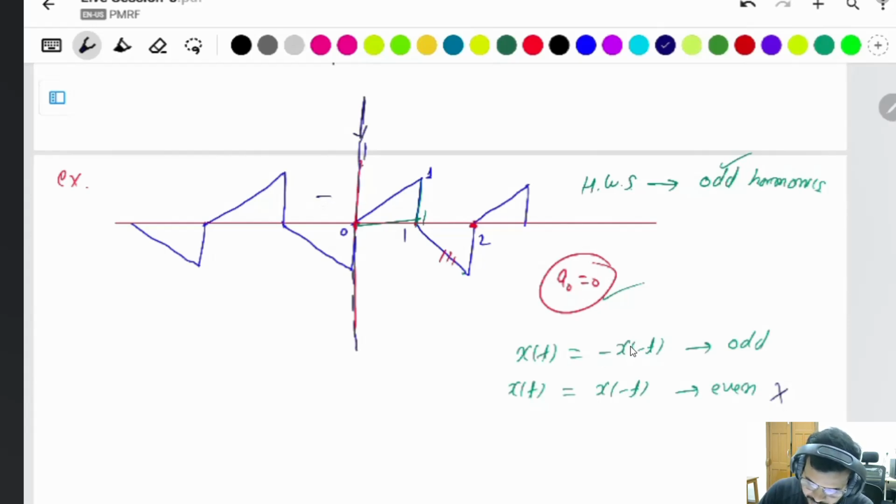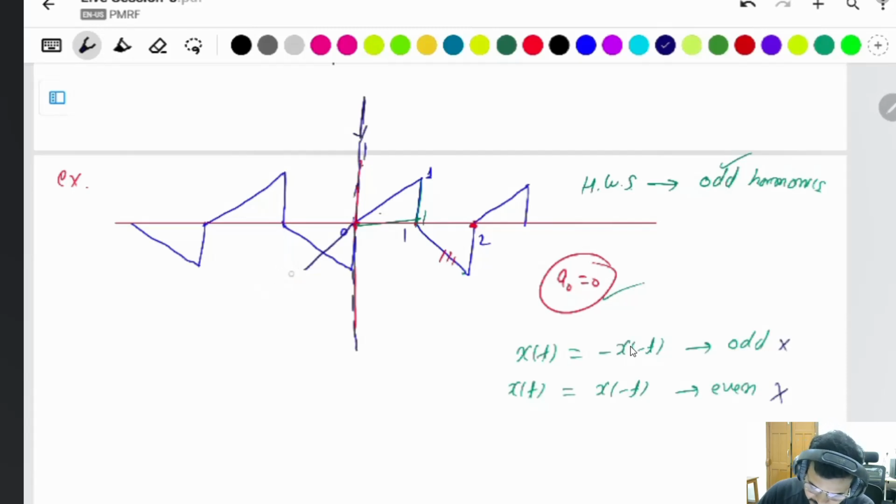If the negative of this one is the same as here, but we can't say it is exactly the same signal. If the signal looks like that, then you can say there is an odd signal.